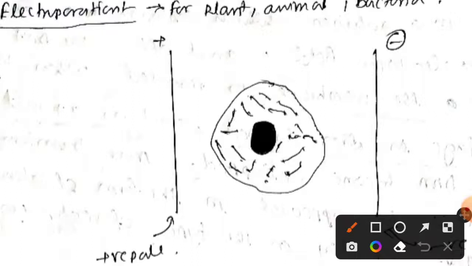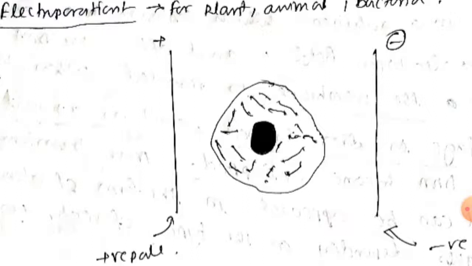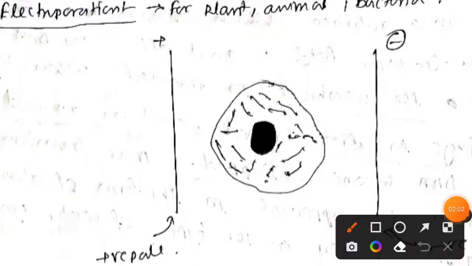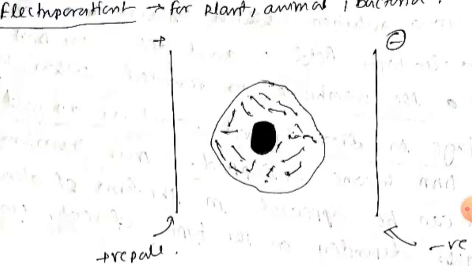And as a result, remember very carefully, the cell membrane has a phospholipid bilayer, and the electrical impulse will cause a disturbance in the phospholipid bilayer, which facilitates the formation of the pore.